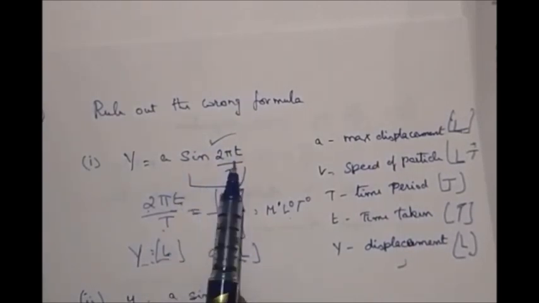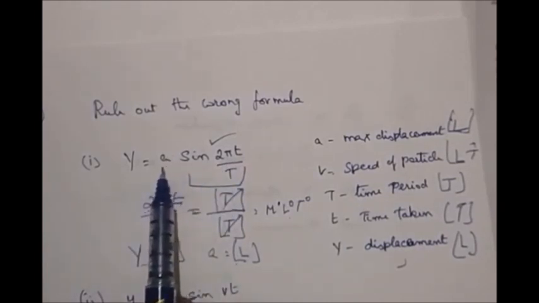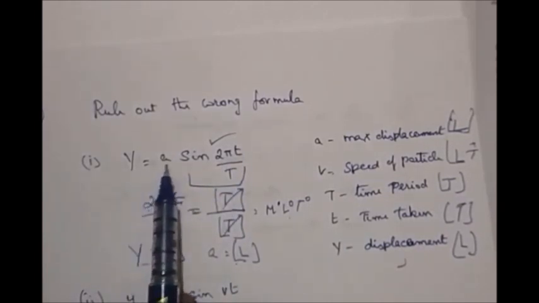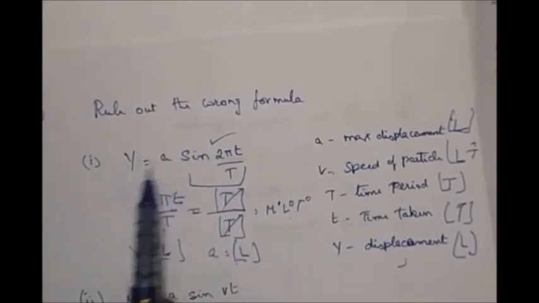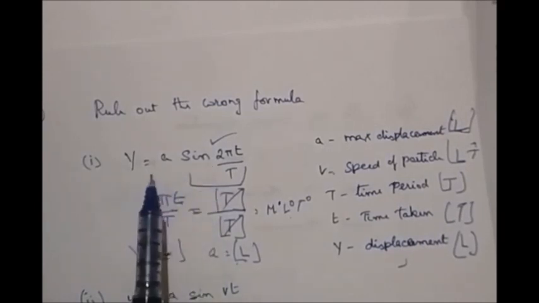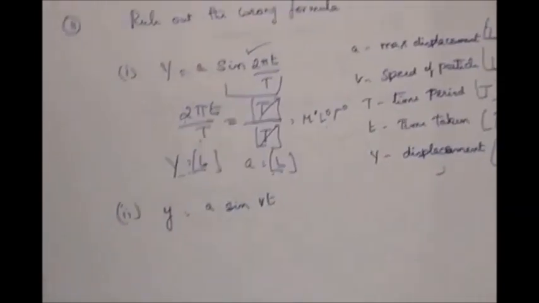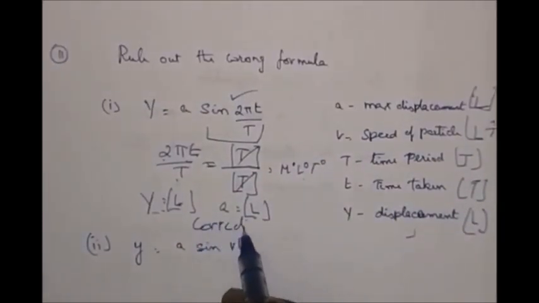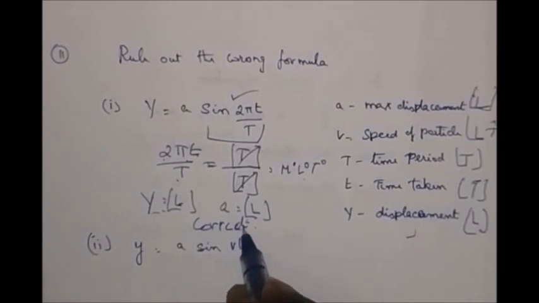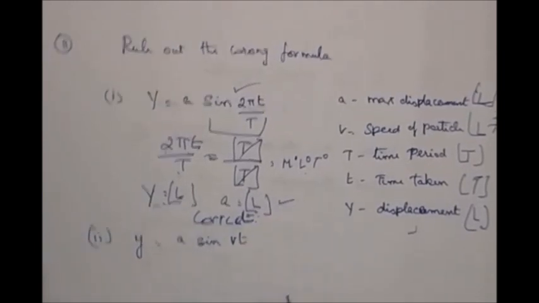Once this is correct, we move on to the next verification: y is equal to A, with the sine part dimensionless. Do these two have equal dimensions? Then it is correct. y was L, A was also L, so this formula is correct, because these two are equal.